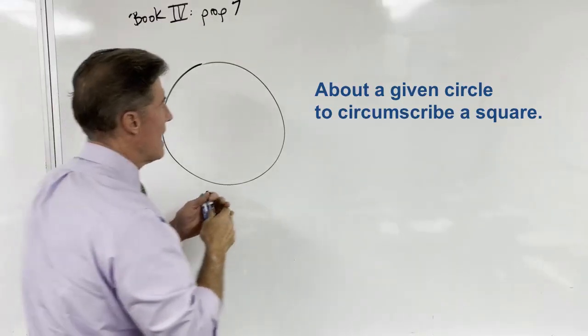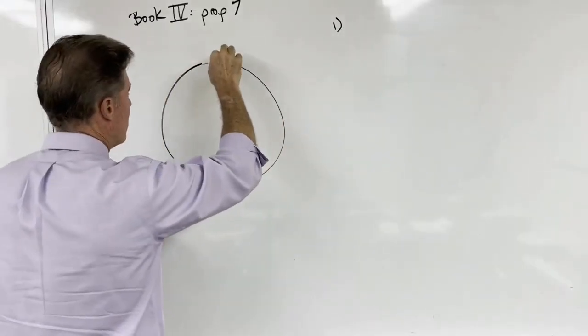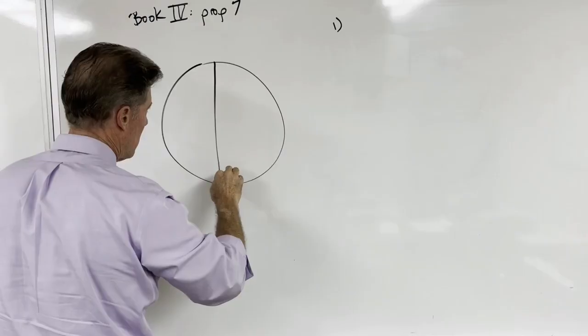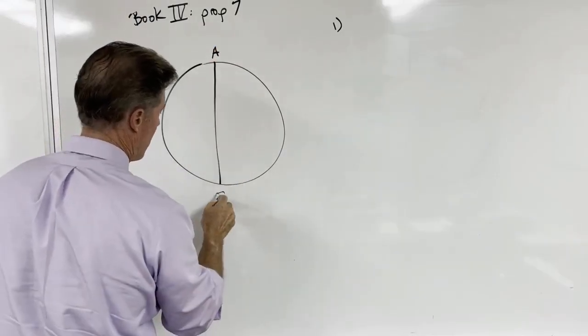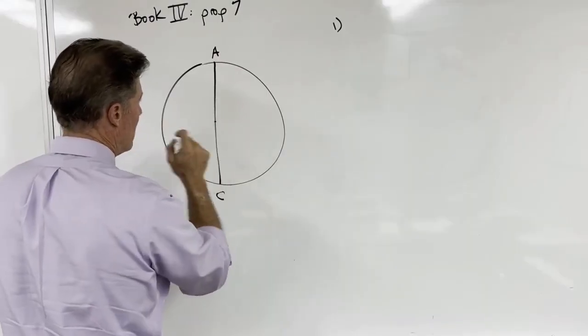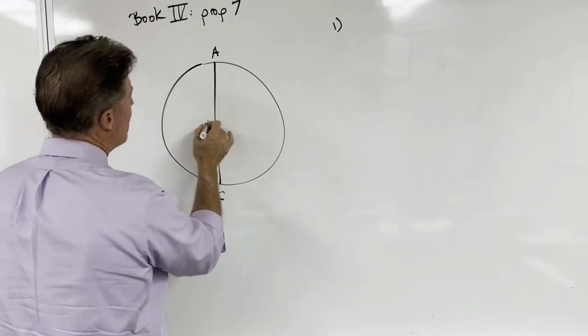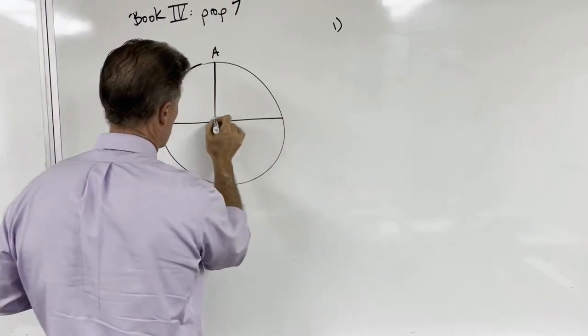So our first step is to find a diameter, and let's call that AC. To do that, we're going to find the center, bisect that, and then create another diameter at right angles.